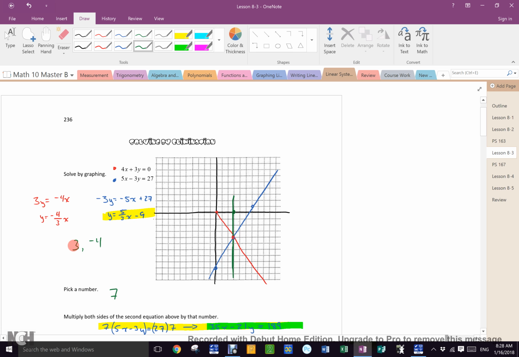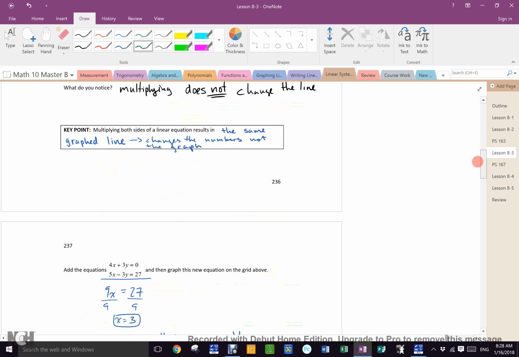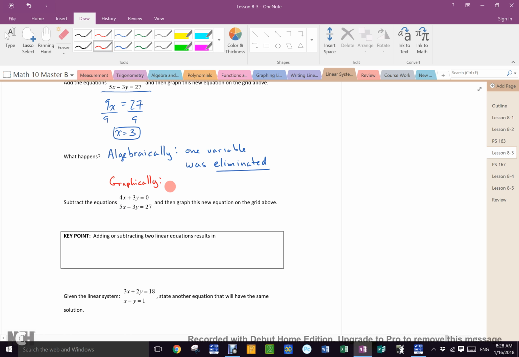That was my answer. Everybody cool? So graphically, what happened? We got a vertical line through the solution. Everybody with me?